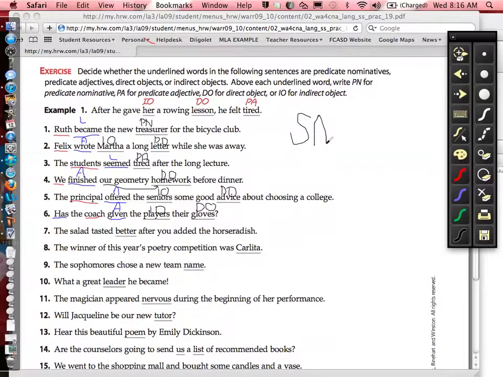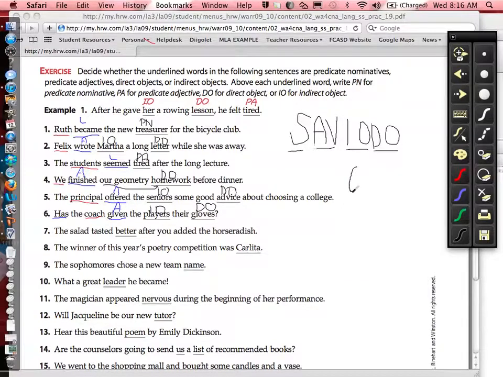And remember, this means subject, action verb, indirect object, direct object. That's the order that we follow.